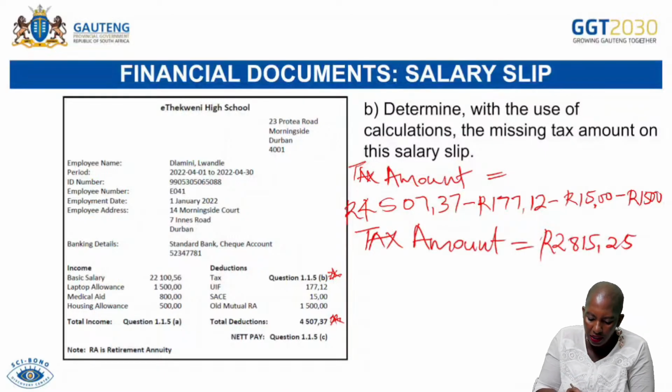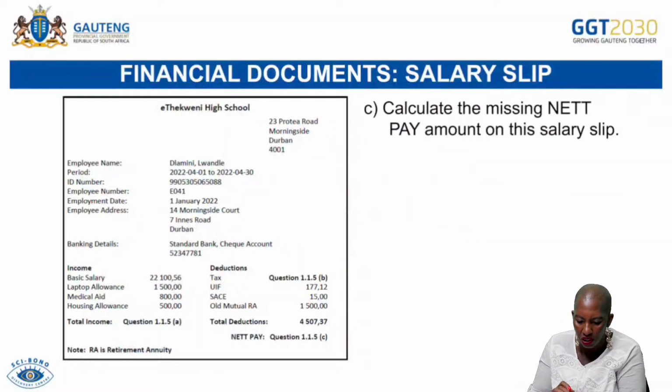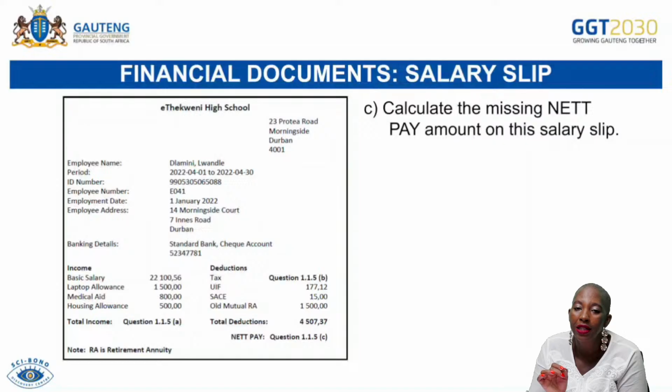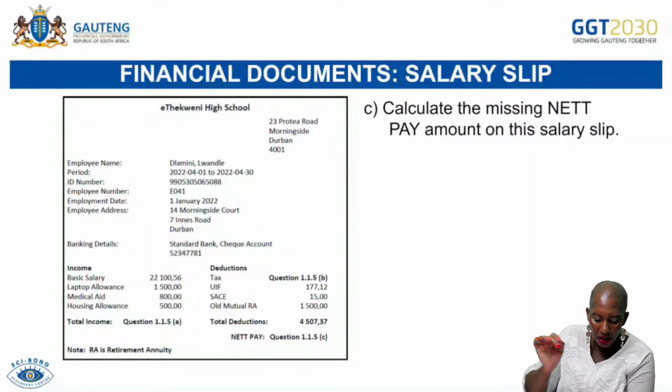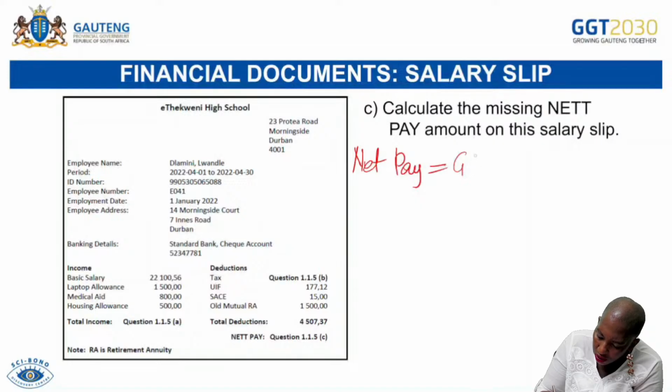That is our tax amount. Can you see, boys and girls, it's so easy to answer these questions because now we have done the salary slip. The net pay, we say calculate the missing net pay, and we said net pay is the gross income minus the deductions. So the net pay is equal to gross income minus deductions.